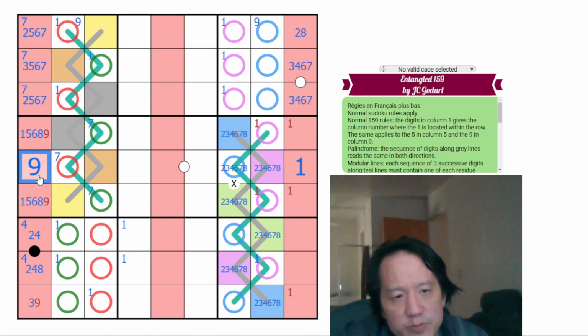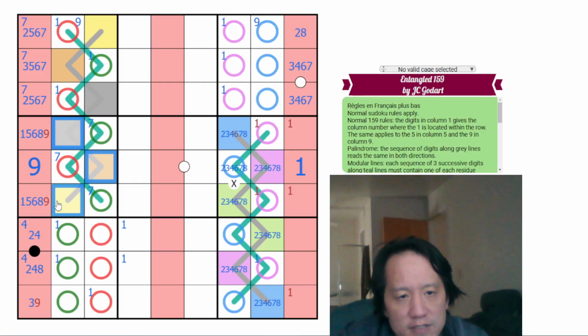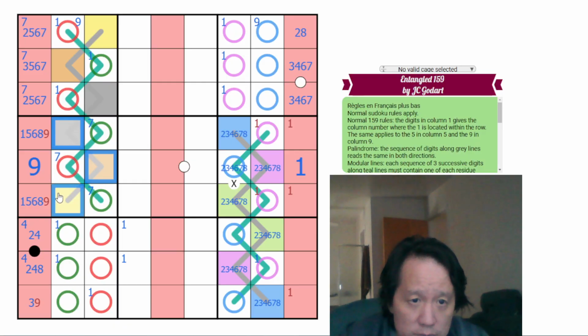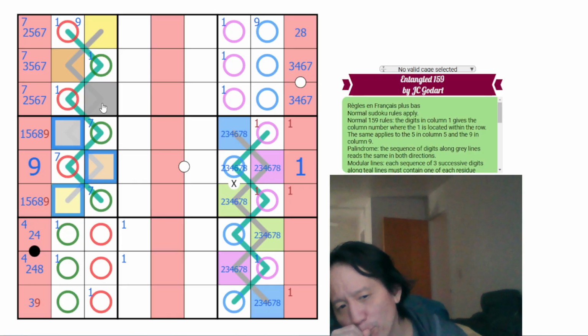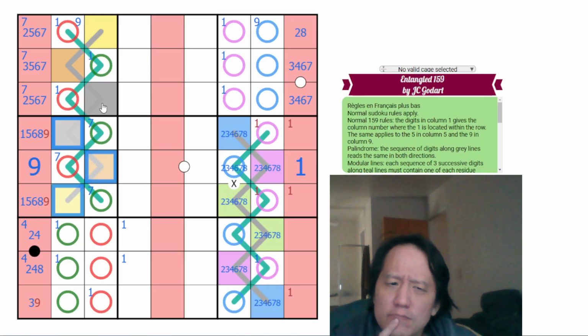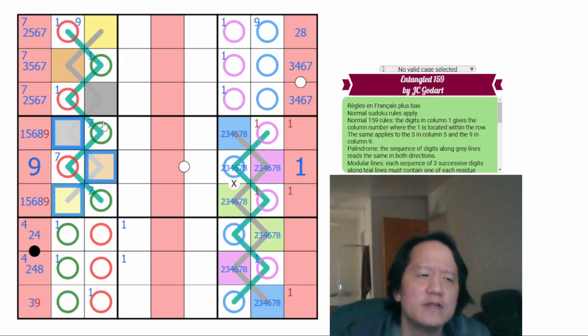This can't be 6 because then you have 2 of modularity 0. And one of these has to be 0. Is that right? Let me think that through.